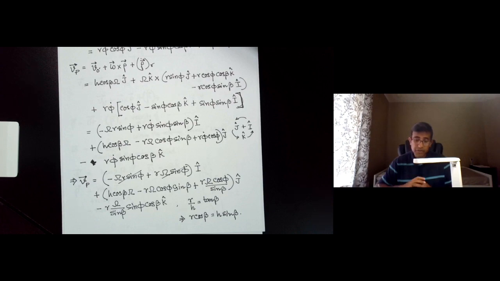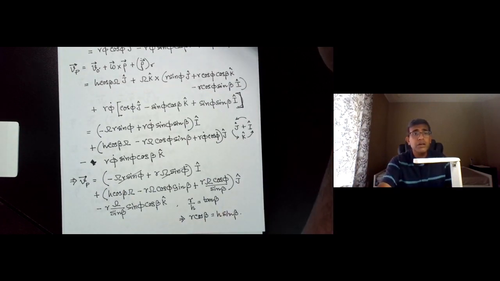And number two is I will show a formal way of finding out the relation between phi dot and omega. Today we kind of took a visual approach to find out what phi dot is, but there is a formal way that you can apply as well. It becomes a little bit more lengthier because it involves some more calculations, but I'll show that in the next video. So that's it for this video, and we will discuss these techniques more.